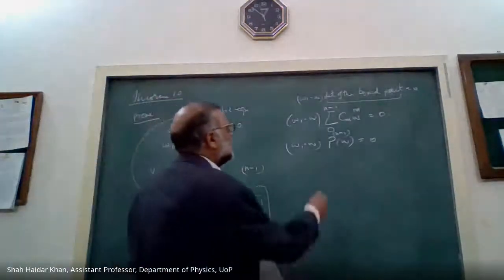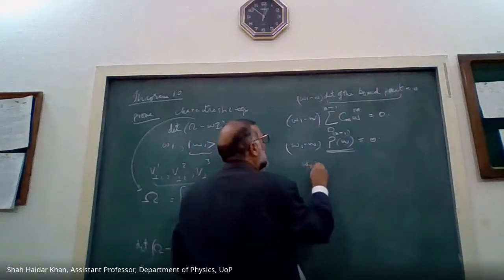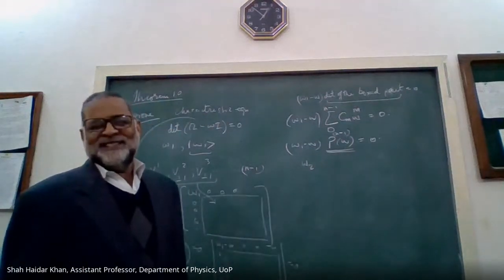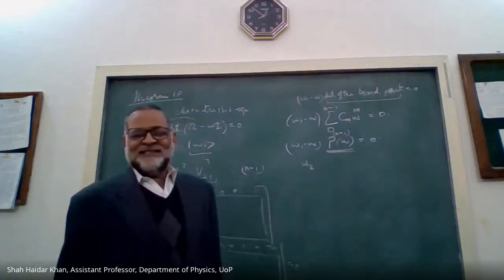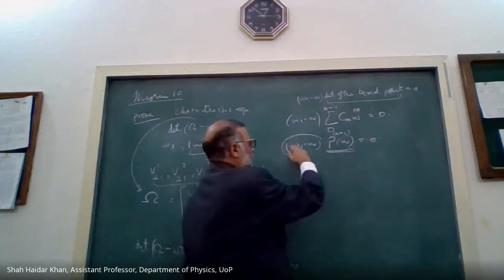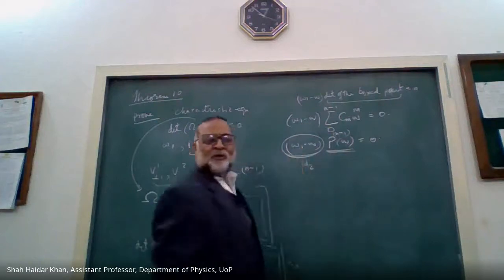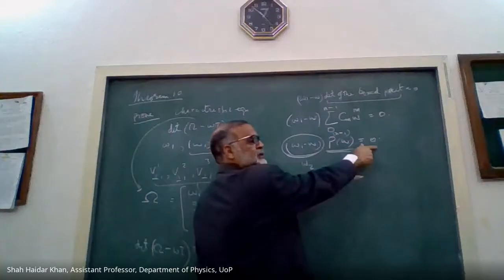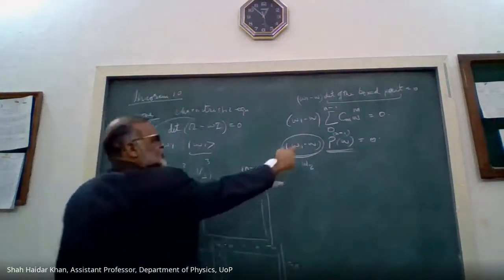And suppose that root of this is omega 2. So that is the eigenvalue of this part. Basically, we are already done with this. Omega is equal to omega 1. Look, this will give us omega 1 minus omega is equal to 0. It means omega is equal to omega 1, which we already considered. So it is of no use to us.